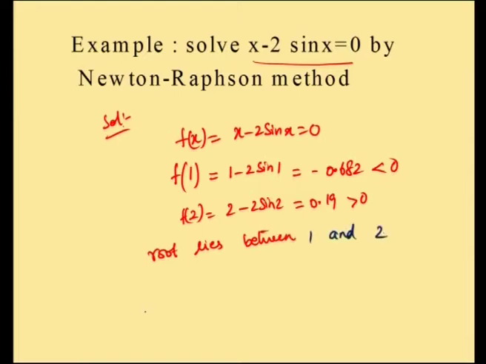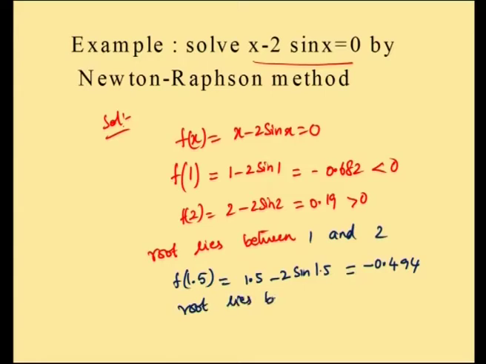To be closer, we will also find f of 1.5. F of 1.5 is 1.5 minus 2 times sine of 1.5, and this happens to be equal to minus 0.494. So, the root lies between 1.5 and 2.